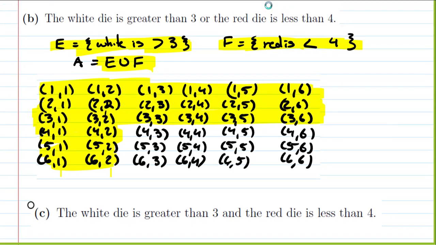I read that wrong. White is greater than 3. Yeah, we need to go back. Apparently, I can't read, which is a problem.